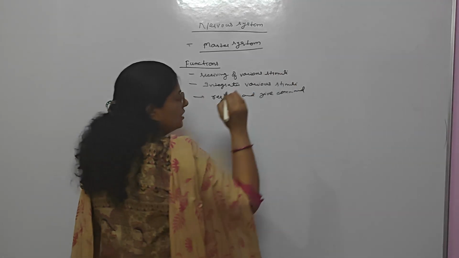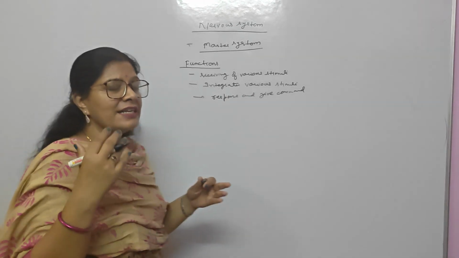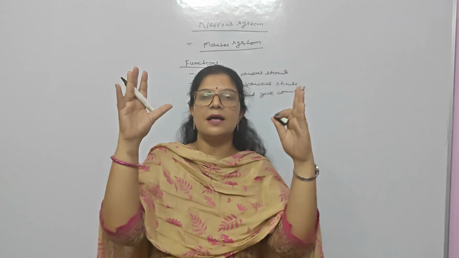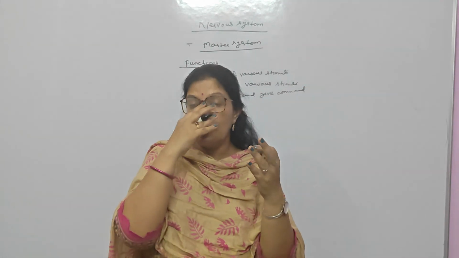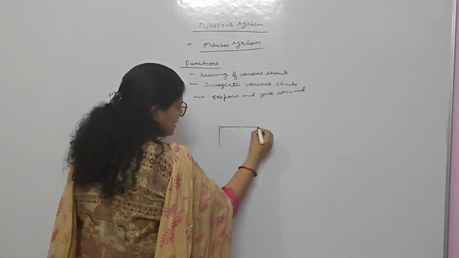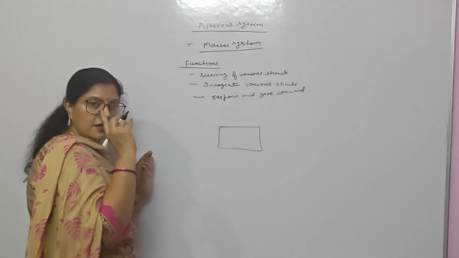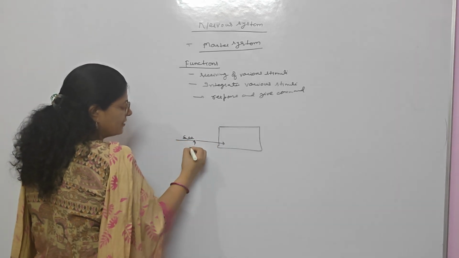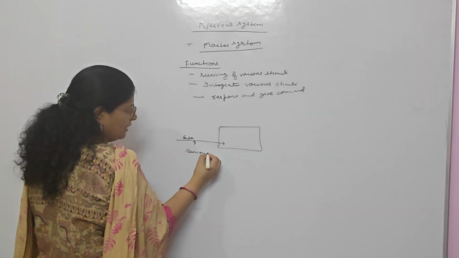Like what is the example? Like you are going on the pathway and you see some hoarding like Domino's pizza or something like that. This is the hoarding and your visual pathway. So you see it, you receive a stimulus, that is the sensory stimulus.